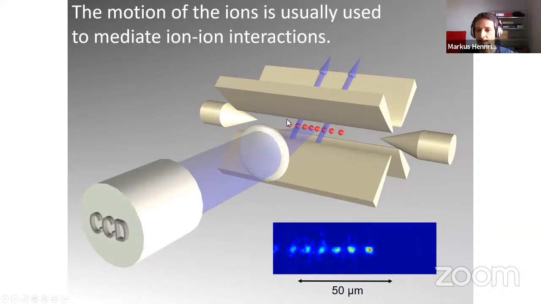Then the whole ion string knows about the quantum state of this ion, because it is now shared in the common motion of the ion string. So you can do conditional operations on a second ion, and by that do entanglement operations. Of course, there are also more sophisticated gates than this, which Christian will probably talk about next week.